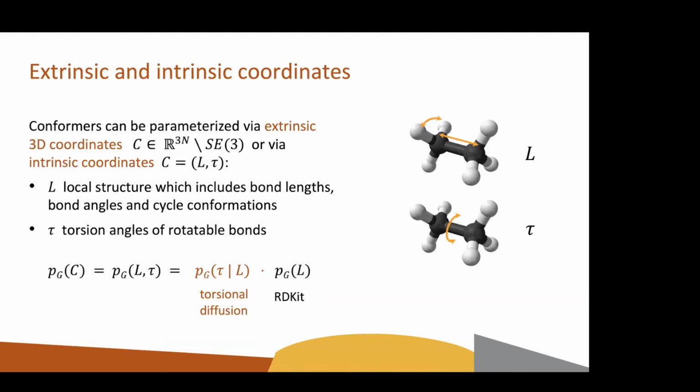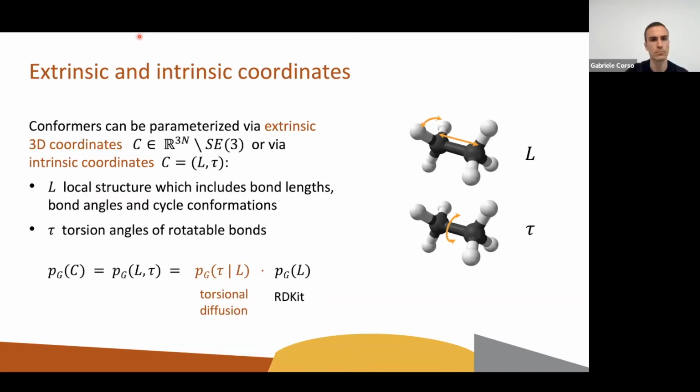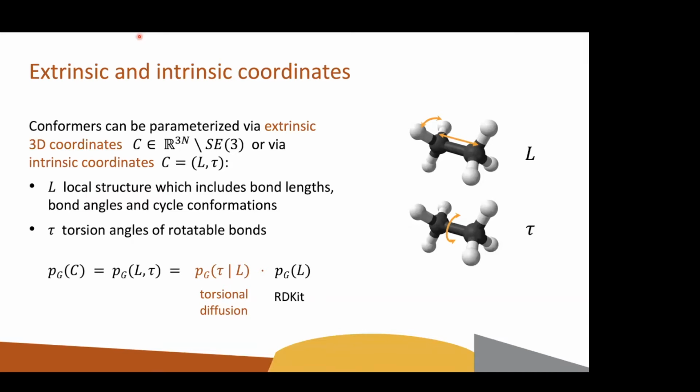We regard these as local structures because these are the degrees of freedom that we explicitly label as being, quote unquote, easy to predict, and that we will not try to predict with our model. Instead, our model will focus on the remaining degrees of freedom, which are the torsion angles around rotatable bonds.